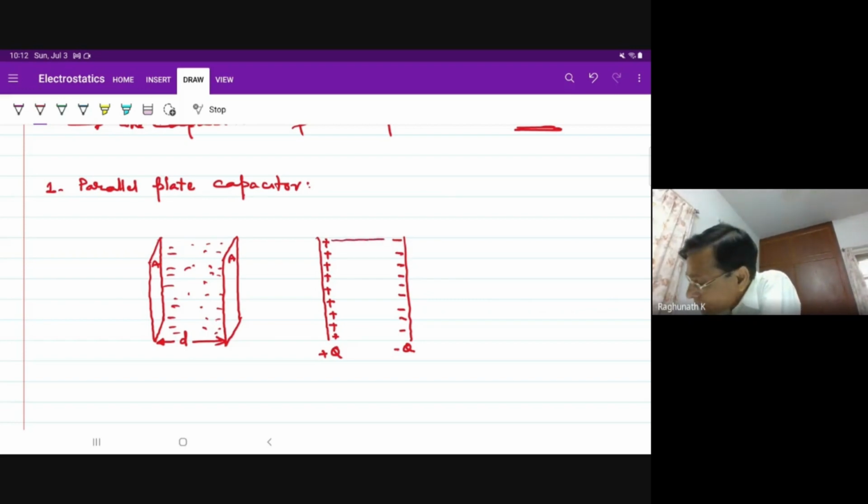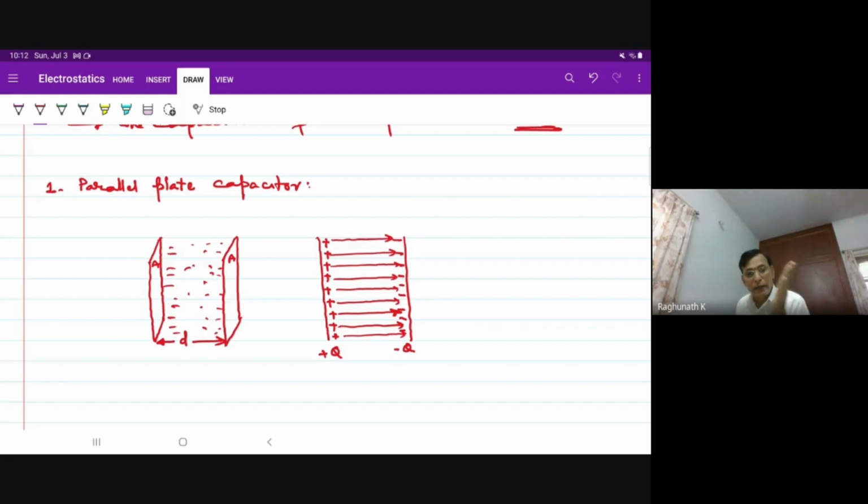Flux lines start normally from one plate and get terminated on the other plate also normally, traveling along through this dielectric along straight line paths.